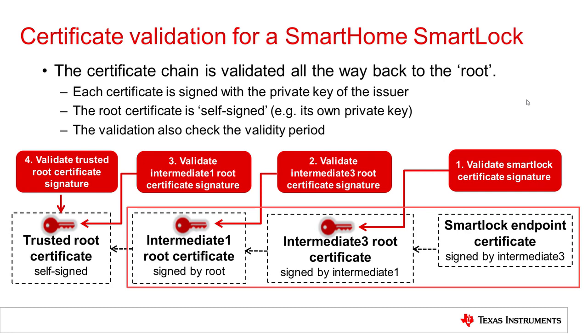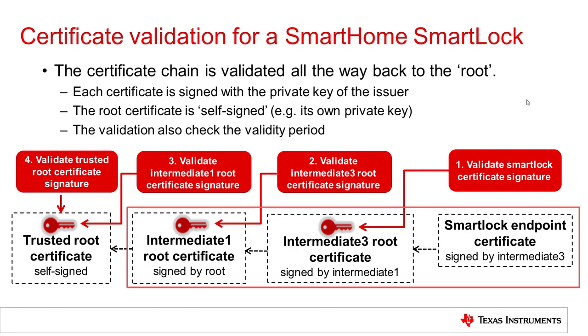So if you go back to the original process of how these certificates are issued, intermediate 3 root certificate, for example, would have issued the smart lock endpoint certificate, and it would have signed the smart lock endpoint certificate using intermediate 3 root's private key. So when the server receives the certificate chain, it starts off by looking at the smart lock endpoint certificate.